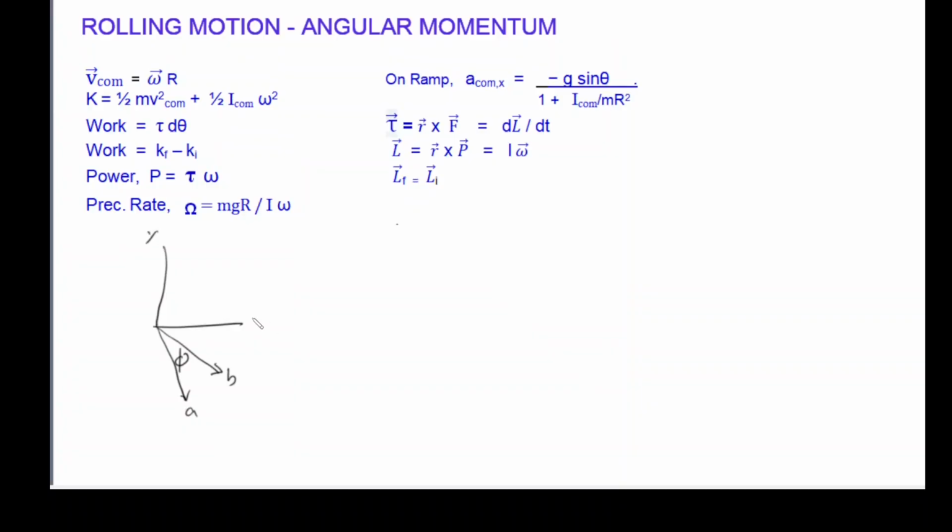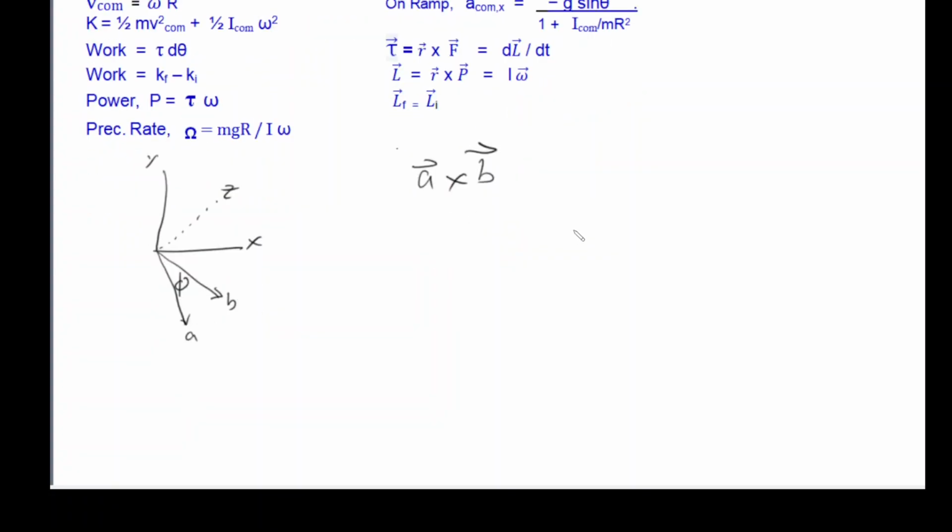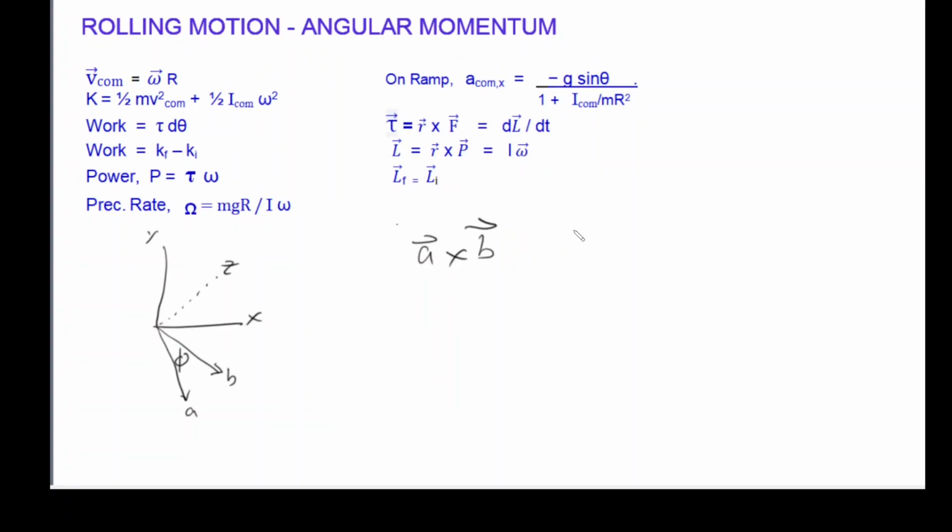This is y, this is x, and we have a z-axis here as well. We know that the cross product, which is A cross B, will give us a third vector that is perpendicular to the plane of A and B. So you use the right-hand rule to determine the direction of the cross product vector, and we'll call that C.